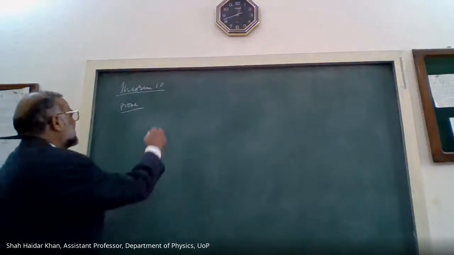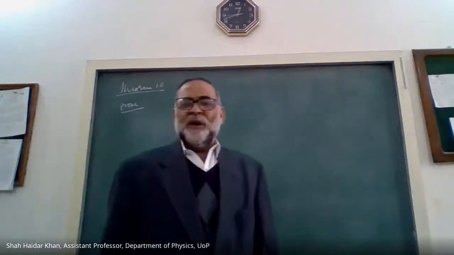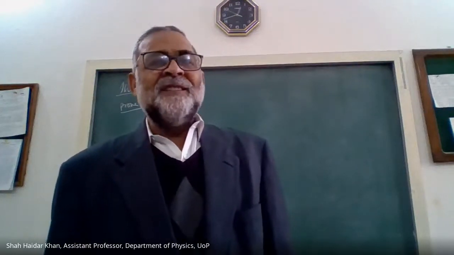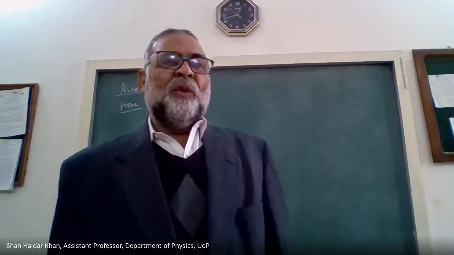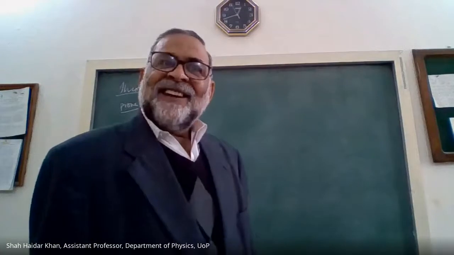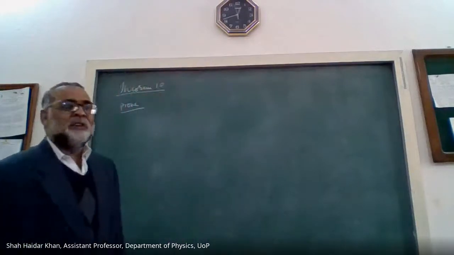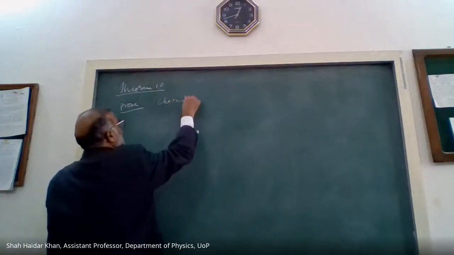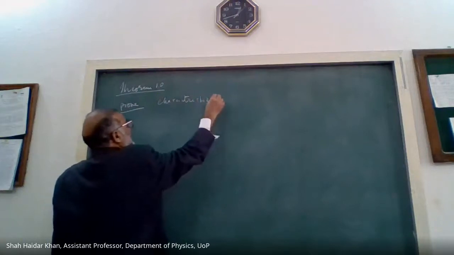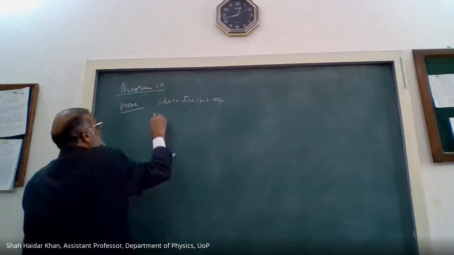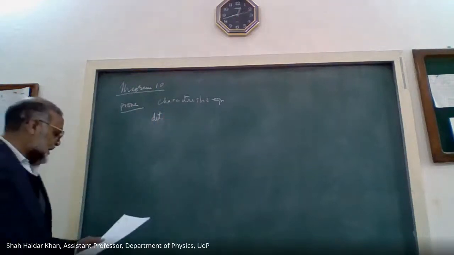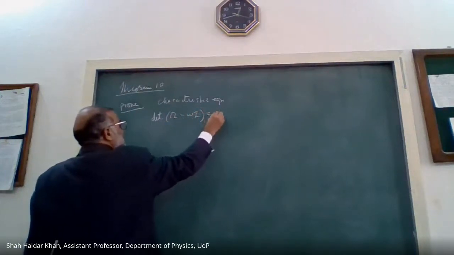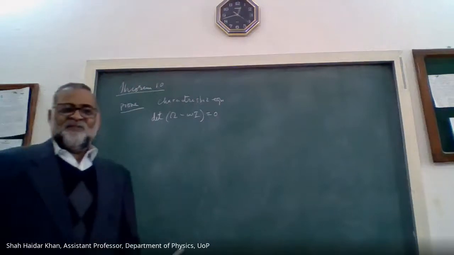We always start from the characteristic equation, whatever operator it may be. The characteristic equation is the determinant of omega minus omega I is equal to 0, right?